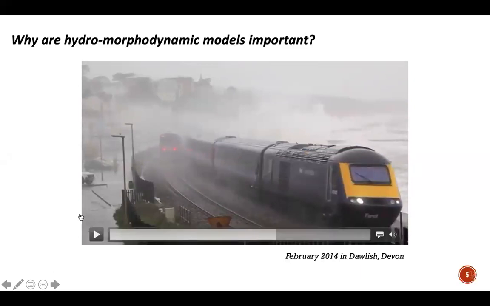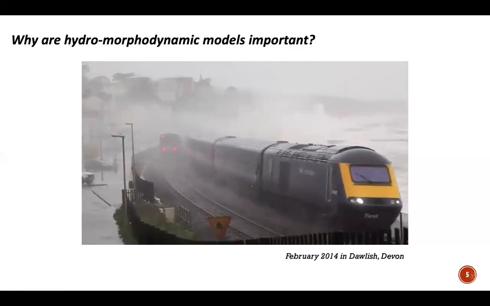But sorry, so what I was just saying is this is the train line. It was built by Brunel in the 19th century along the coast for financial reasons, and also it was easier in terms of engineering, but it's obviously susceptible to big waves hitting it.